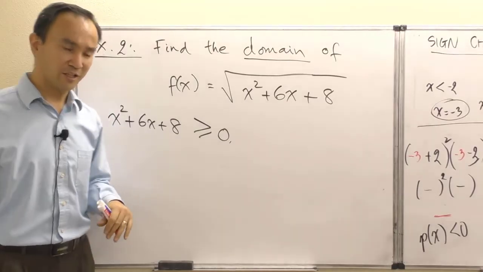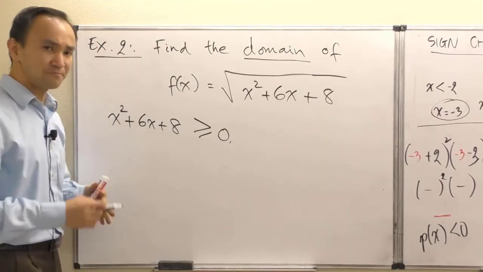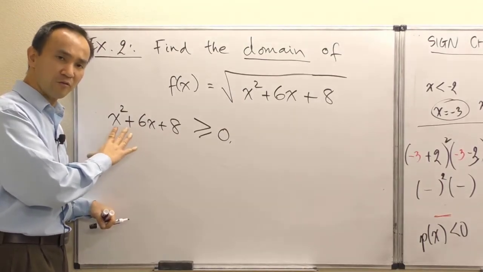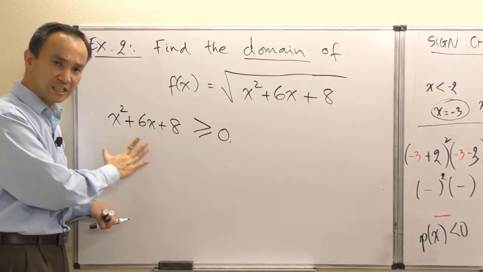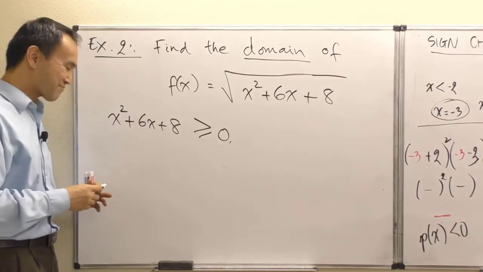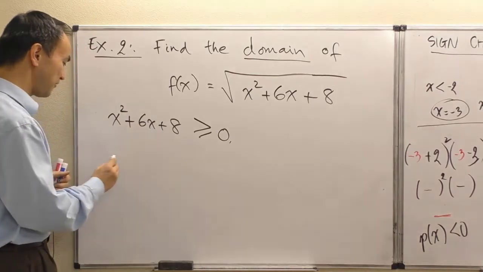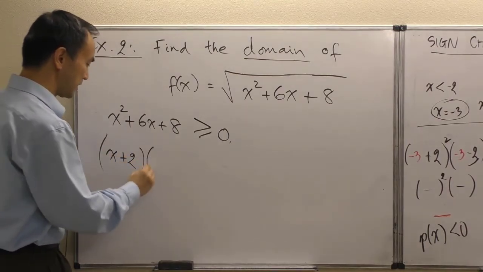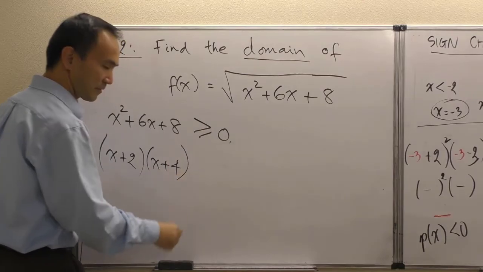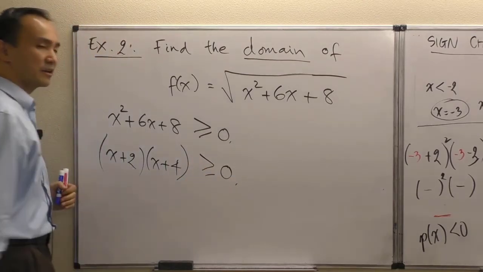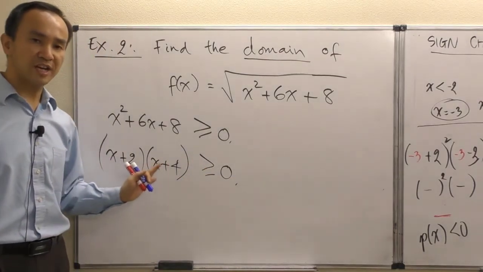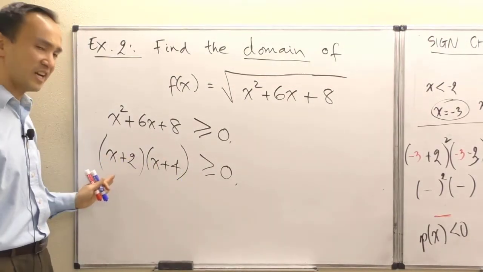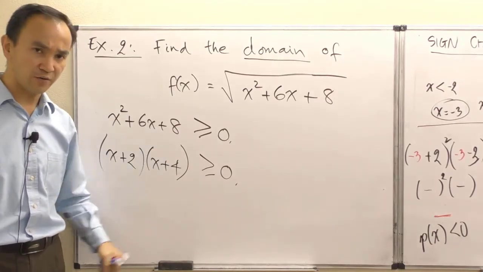This polynomial is not in factor form yet, but it's easy enough that we can put it in factor form. So let's put it in factor form: x plus 2 times x plus 4. We want x plus 2 times x plus 4 to be greater than or equal to 0.